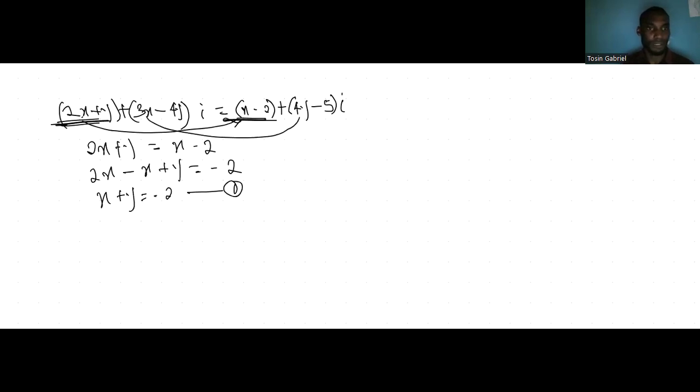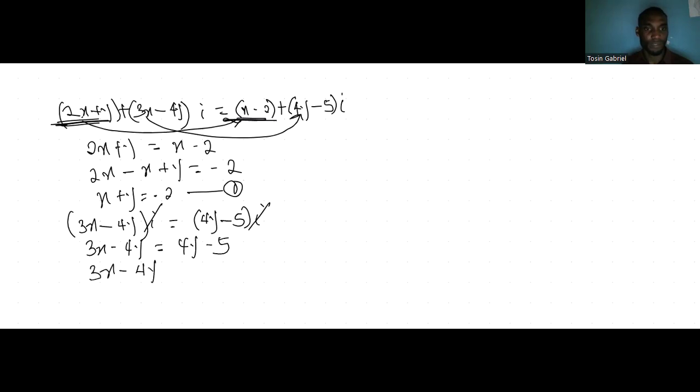Then the other one: you equate this one to this one. You have 3x minus 4 equals 4y minus 5. Then you have 3x minus 4y minus 4y equals minus 5.